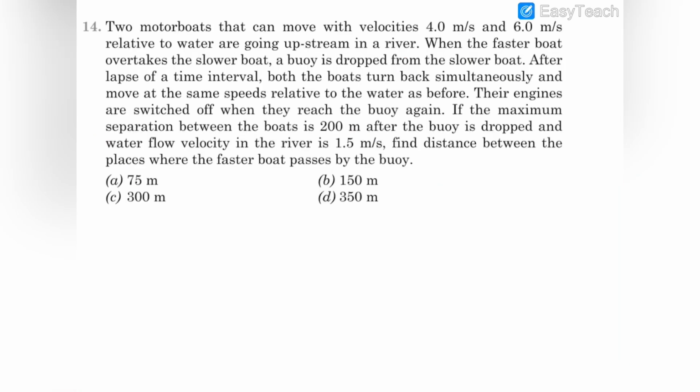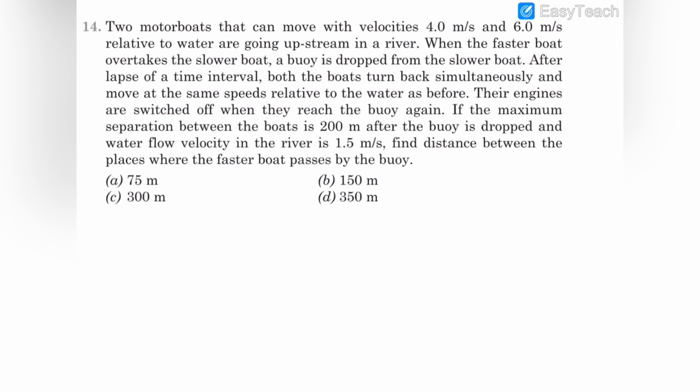In this question, you can see that there are two motorboats which move with velocities of 4 meters per second and 6 meters per second relative to water. They are going upstream in a river, and when the faster motorboat overtakes the slower one, a buoy is dropped from the slower boat.